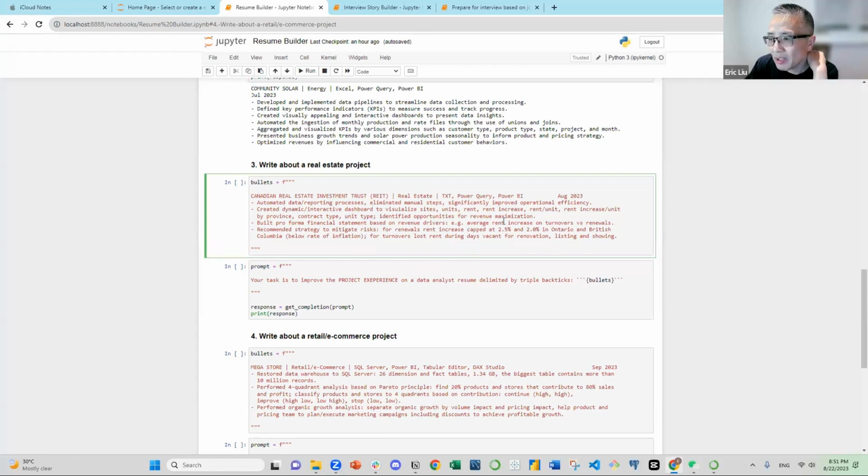Identify opportunity for revenue maximization. I like this one. Build pro forma financial statement based on revenue drivers, average rent increase on turnovers versus renewal. And you wouldn't be able to know if you don't have the domain knowledge. Recommended strategy to mitigate risk. What is the risk for renewal?